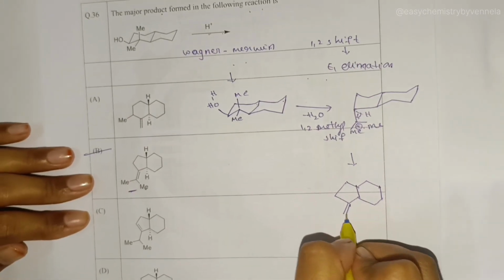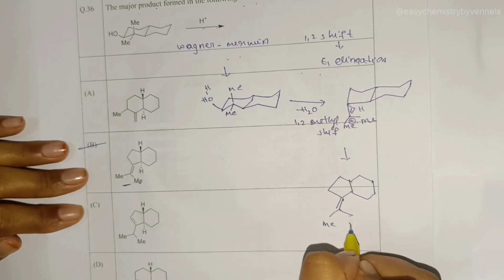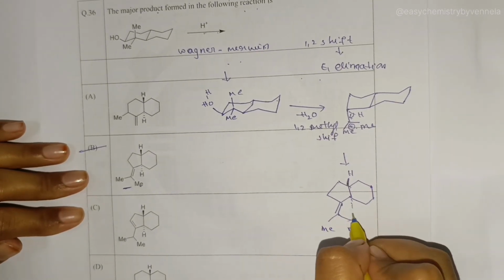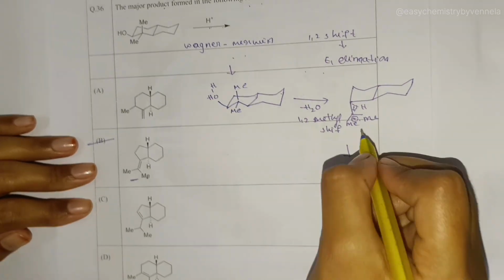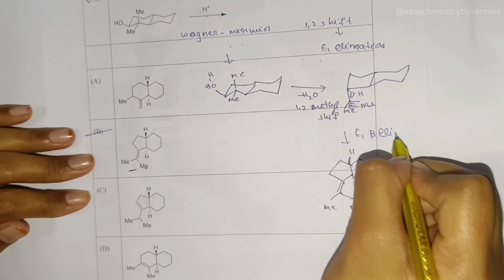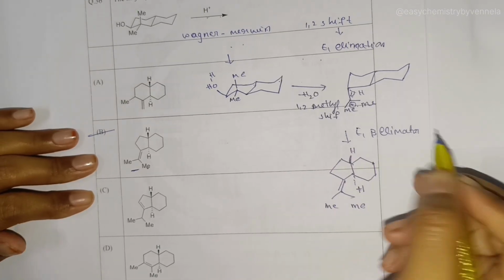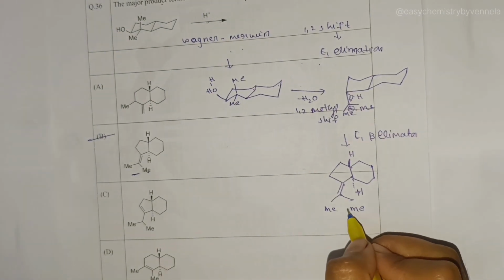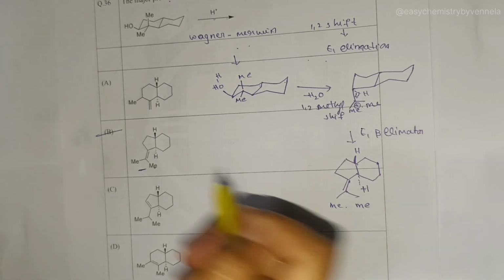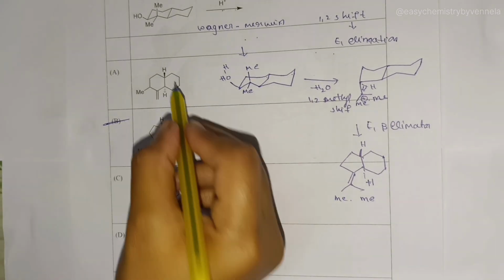This double bond, methyl, methyl. Even beta elimination takes place. Isopropyl type substituted alkene attached to the ring. So this is the correct option. Why are these all wrong?